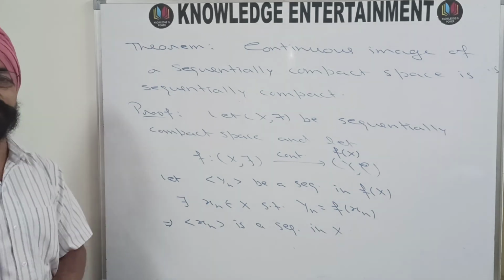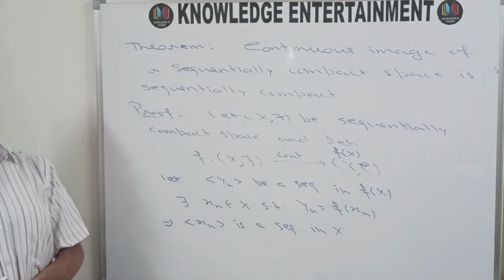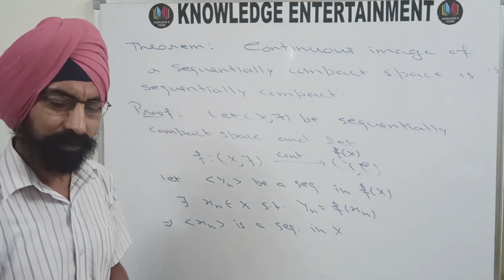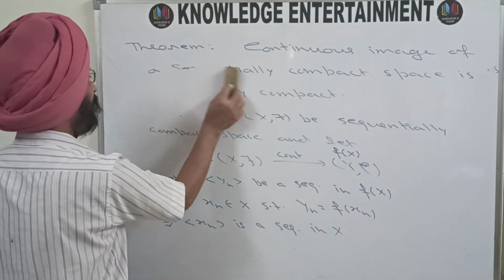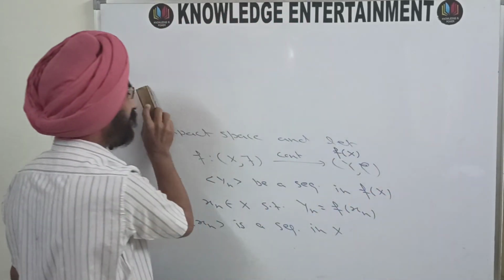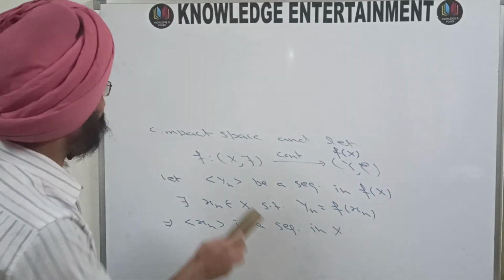So since X is sequentially compact, every sequence of X must have a convergent subsequence. So this sequence xn must have a convergent subsequence, and let us name it xni.